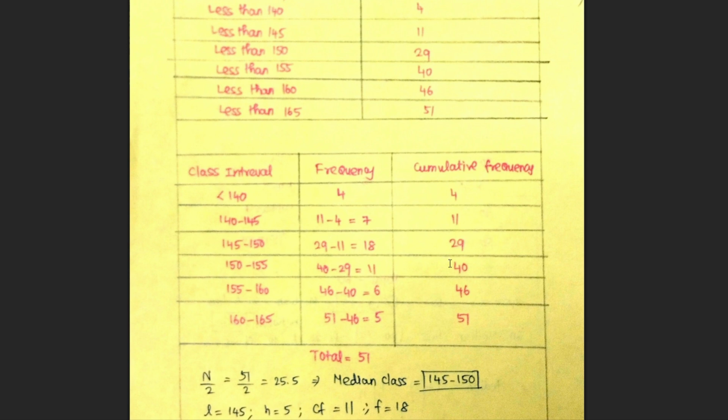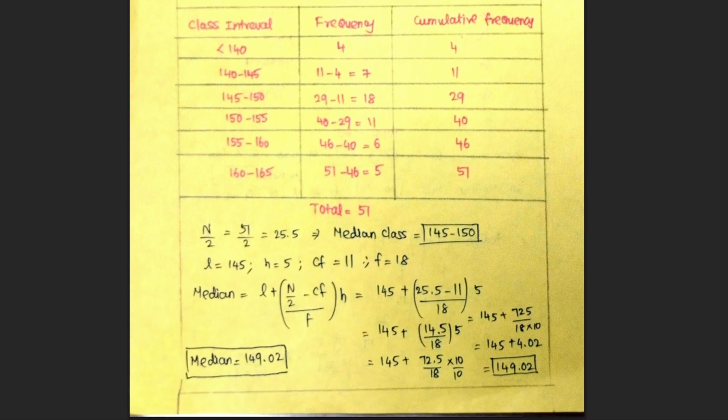So 29 is the next closest value, the next greatest value after 25.5. So the corresponding class is the median class. L is 145, H is 5, F is 18, and CF is 11. So substitute these values, you can find the median. Median is 149.02.